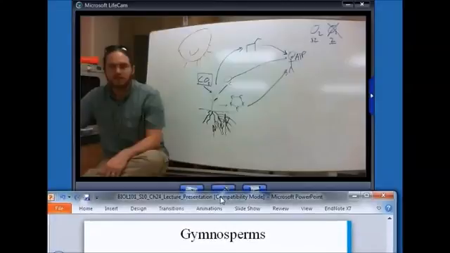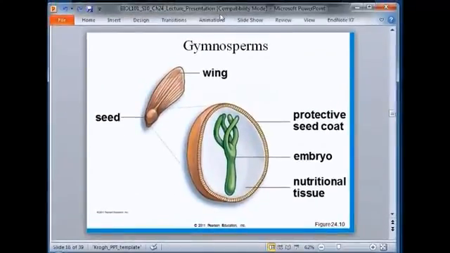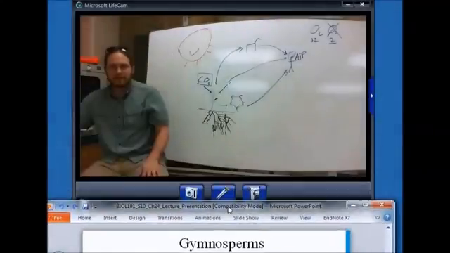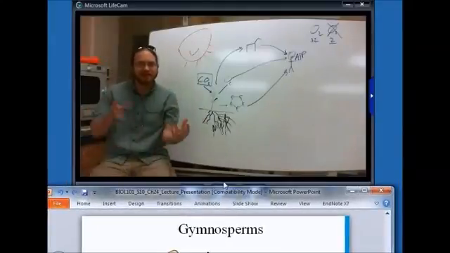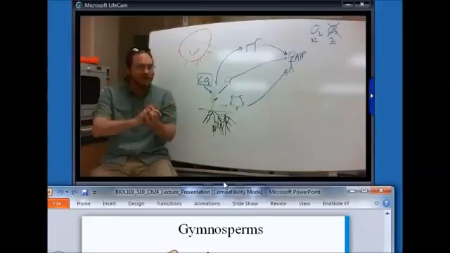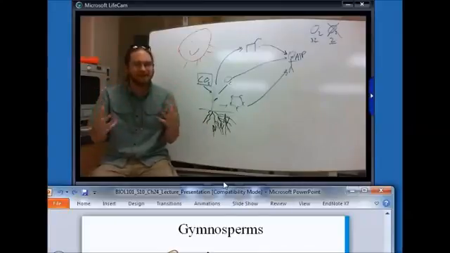And here's something cool to consider about this nutritional tissue. The nutritional tissue is a really great advantage for a plant. Because if you think about it, before we get these seeds, we just have a sperm and egg, and there's not much there. Wherever they come together and start growing, they have to have everything they need.